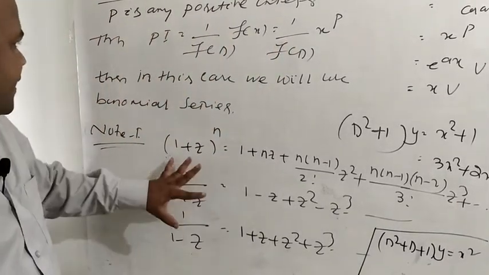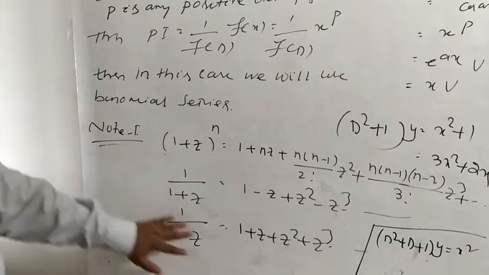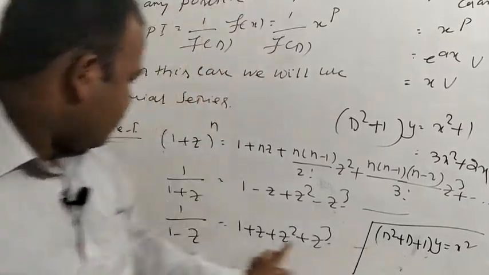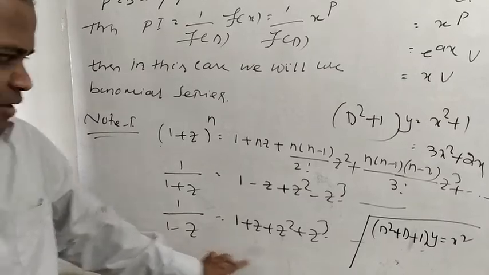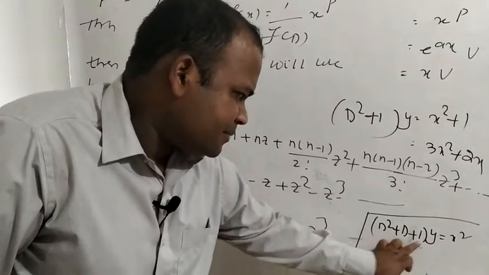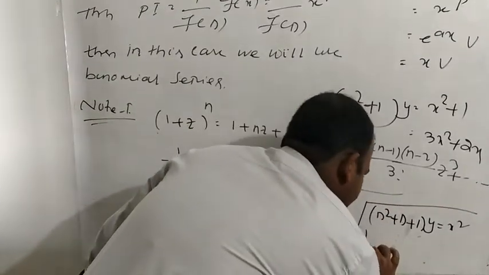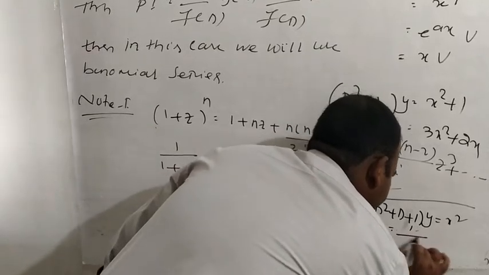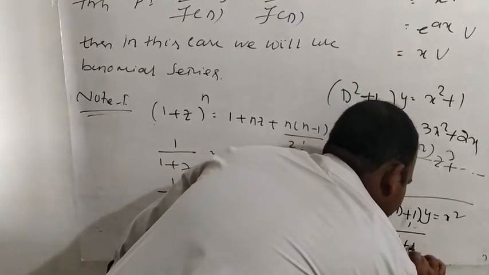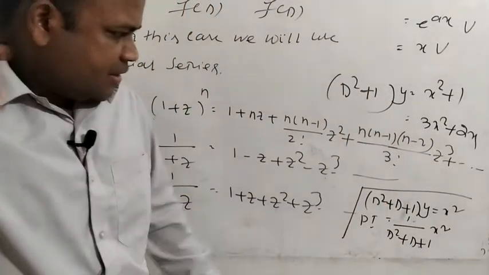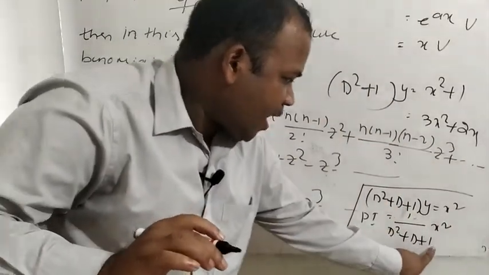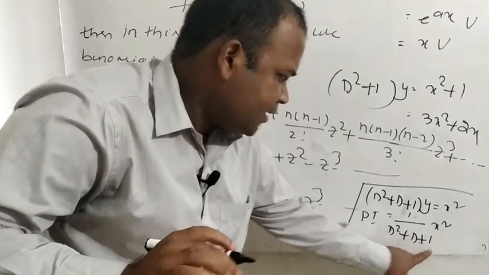To find the PI, you will arrange f(D) in the form of 1 upon 1 + z or 1 upon 1 − z. Here f(D) equals D² + D + 1. So what is the value of PI? 1 upon D² + D + 1 into x².